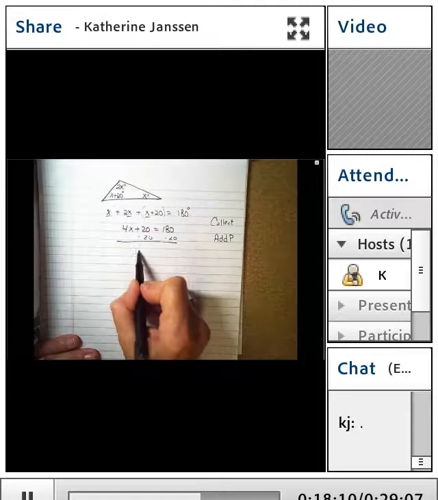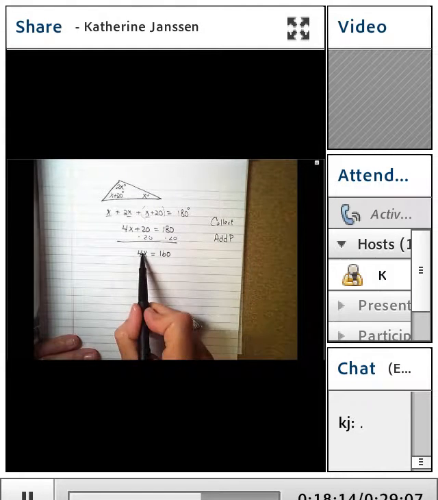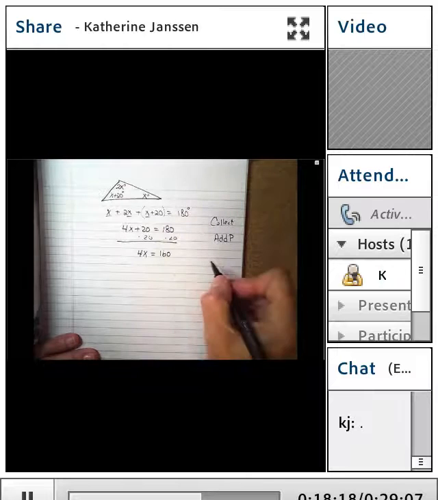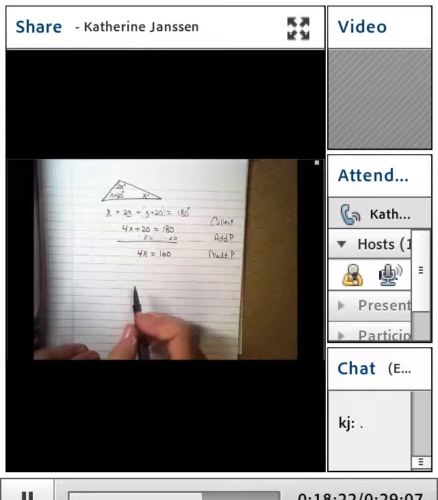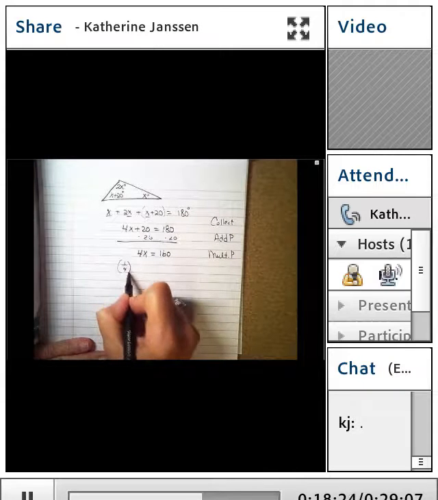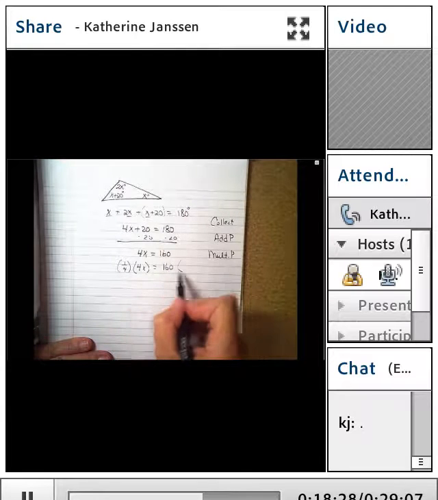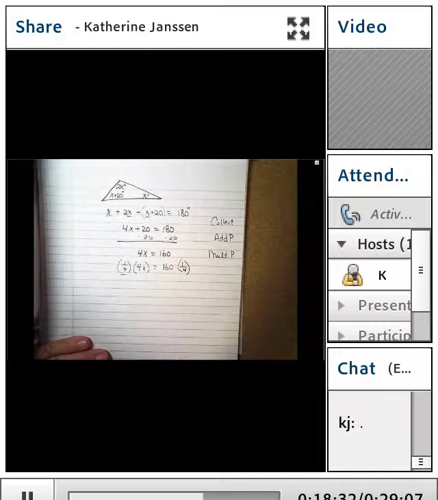Get 4x equals 160. Now 4 times x, my x term is isolated, but I need to unwrap it. It's tied up in multiplication. So I'll use my multiplication principle. 1/4 times 4x equals 160 times 1/4. If I multiply by the reciprocal here, I'll have to multiply by the same value on this side of the equation.